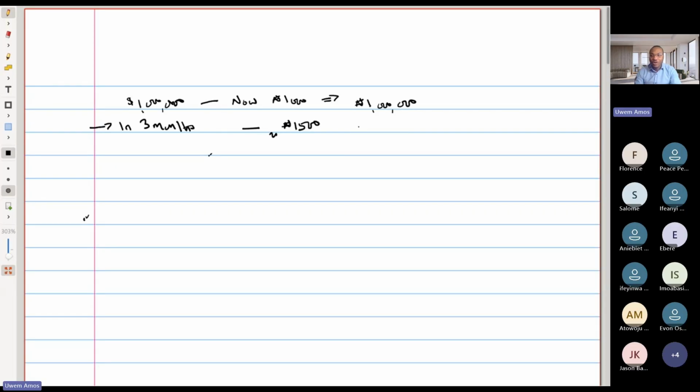And if the exchange rate becomes 1,500, you would end up spending 1.5 billion. And that is an extra 500 million between now and waiting to consummate the transaction in 3 months.